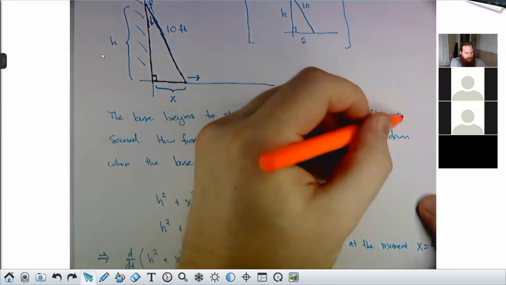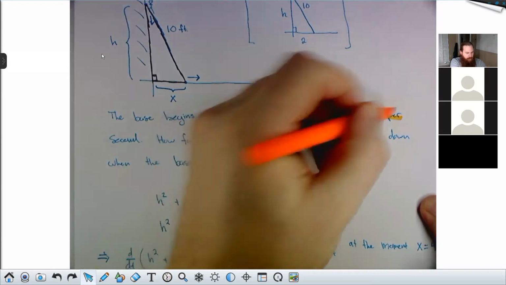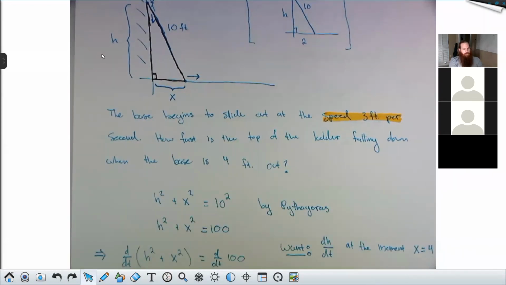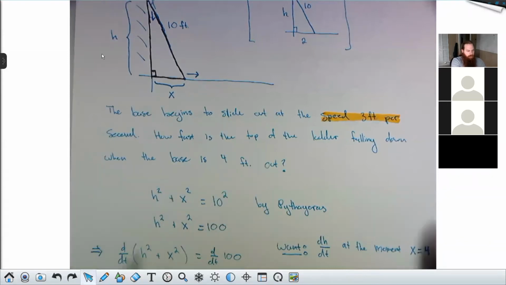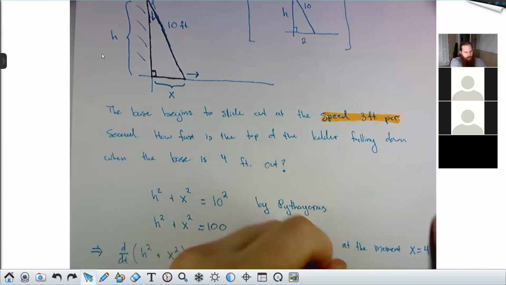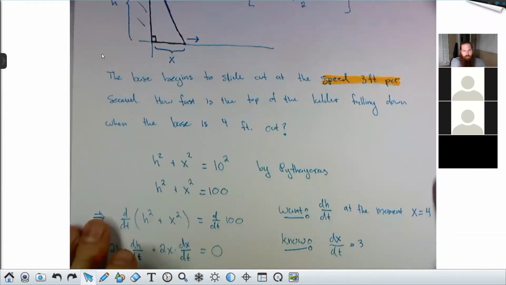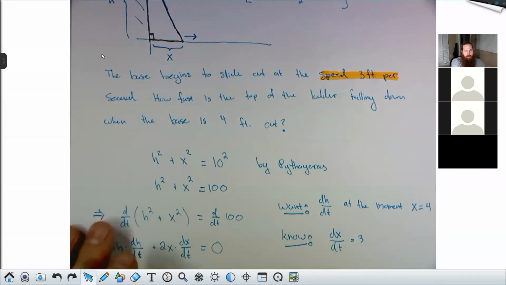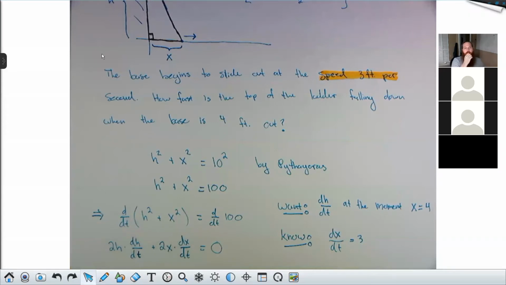I know that the base of the ladder is sliding out at 3 feet per second. So this tells me that dx/dt is positive 3. And the question of positive or negative is important, right? If the base of the ladder was being pushed in, then dx/dt would be negative 3, and that would change your answer, of course.